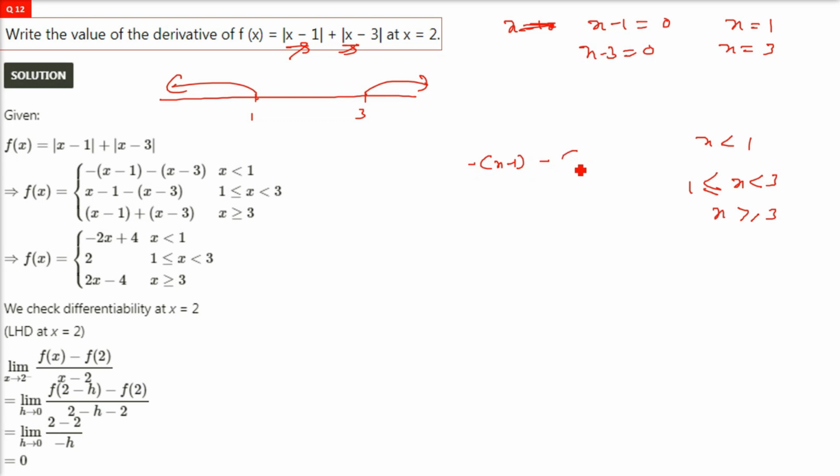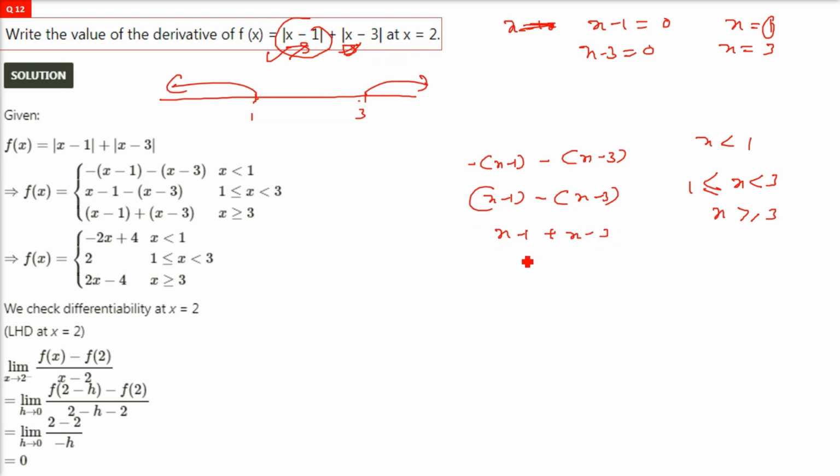So negative x minus 1, negative x minus 3. Alright. Between 1 and 3, because you are above 1, x minus 1 will be positive, but x minus 3 will be negative. Now, x greater than or equal to 3, you are positive for x minus 1 and x minus 3 also. So just put positive here.